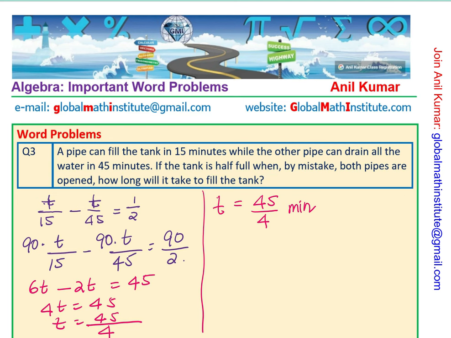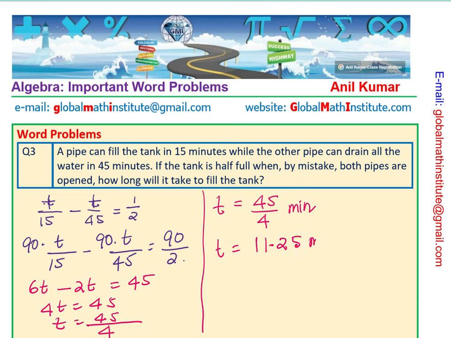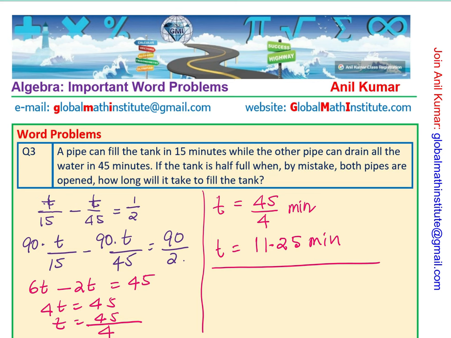Correct? So either you can convert to seconds or you can write t by dividing by 4, 1, and then 1. So you get 10.25, right? Minutes. So it will take 11.25 minutes to fill this tank up to half level.